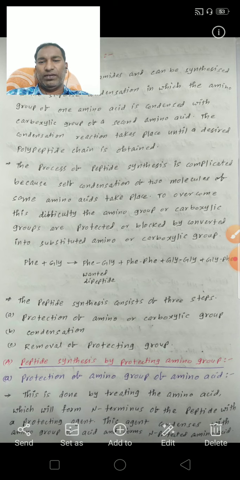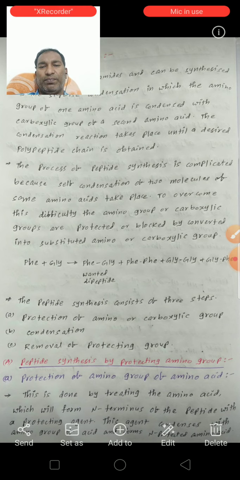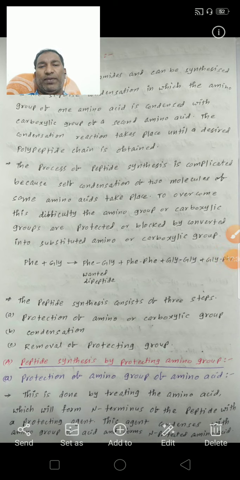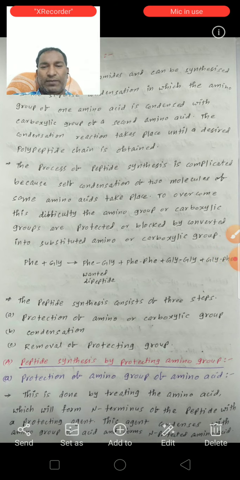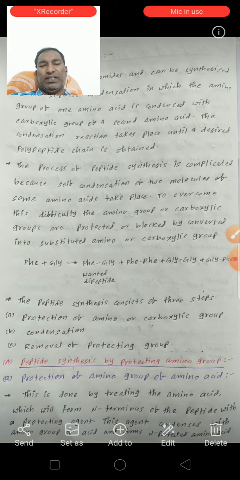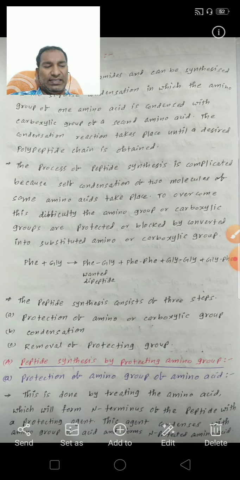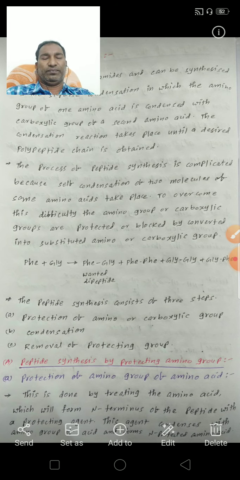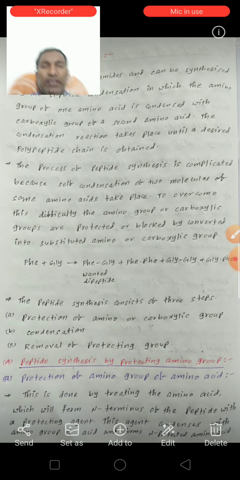See here, first, peptide synthesis by protecting the amino group, that is, protection of the amino group of the amino acid. This is done by treating the amino acid which will form the N terminus of the peptide with a protecting agent. This agent condenses with the amino group of the acid and forms an N-protected amino acid.